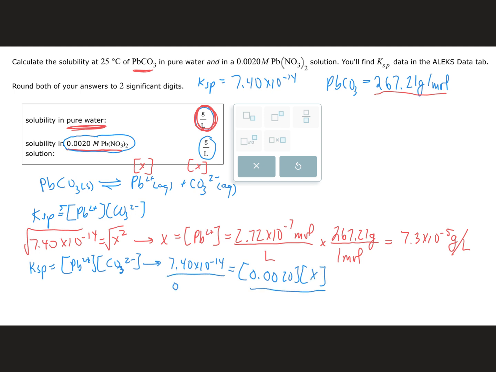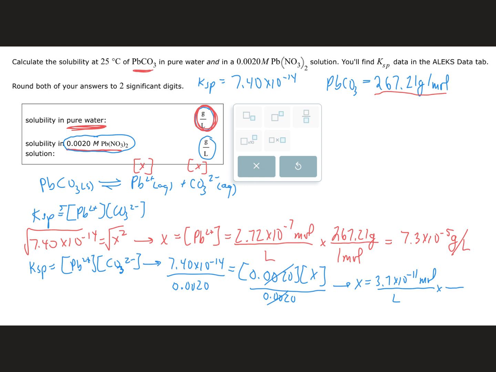Divide both sides by 0.002. So that cancels out. And I get a concentration of carbonate, which would tell me the solubility of lead carbonate under these conditions of approximately 3.7 times 10 to the minus 11 molar, which is moles per liter.